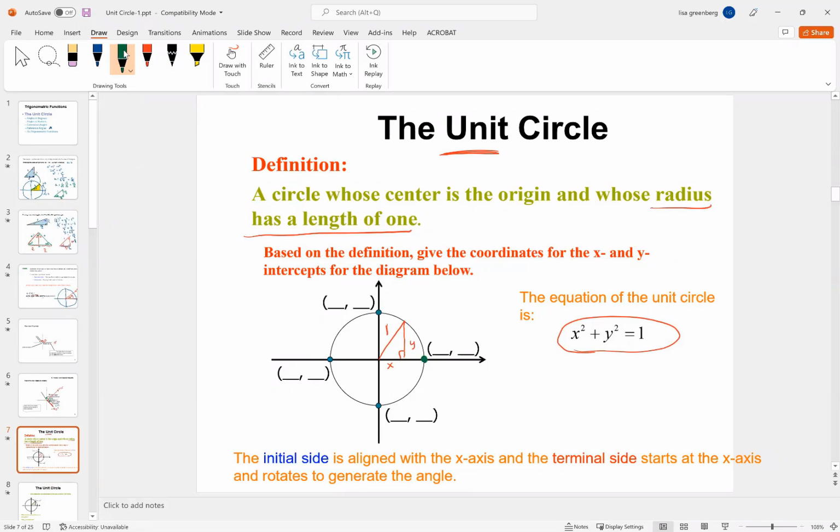What if I want to know what this point is? Well, let's say we're just on an XY coordinate system, and I want this point right here. We know the radius is 1. So here, the x value has to be 1, and the y value has to be 0. And if I go over to this side over here, well, the x value here is -1, and the y value is 0.